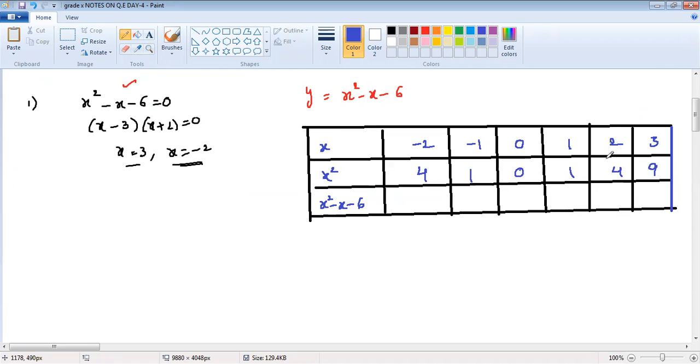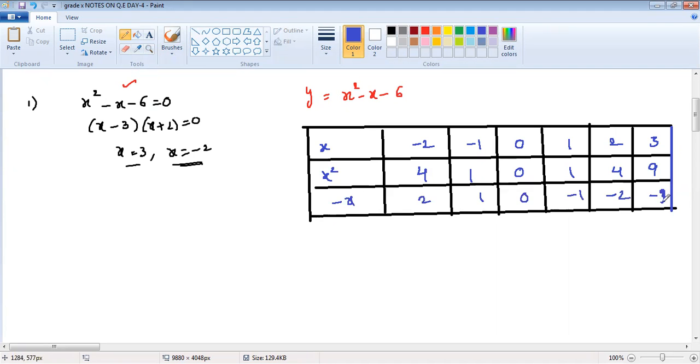Am I right? Still, if you want more clarity, we can take minus x also, no issue. Then minus x is 2, 1, 0, minus 1, minus 2, minus 9.